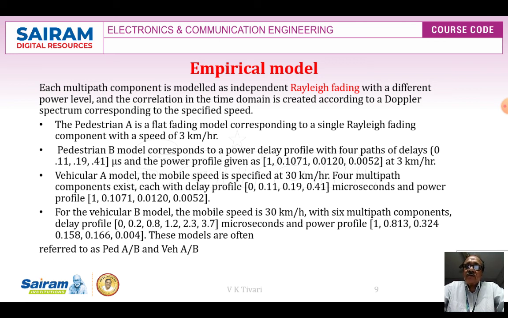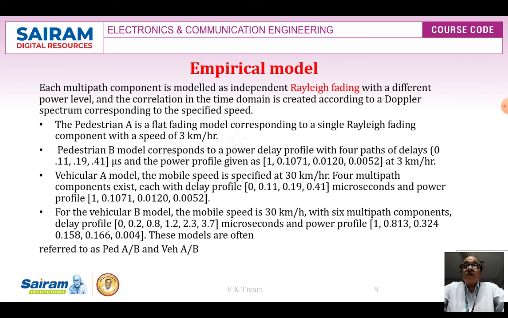The pedestrian A model is a flat fading model corresponding to a single Rayleigh fading component, at a speed of 3 km per hour maximum. In the B model, the power delay profile has 4 paths with delays of 0, 0.11, 0.19 and 0.41 microseconds, with a given power profile, at 3 km per hour.